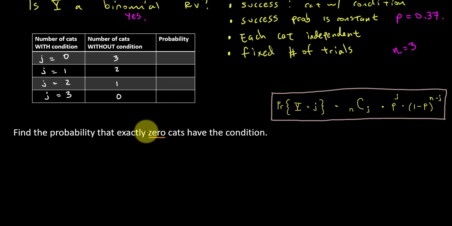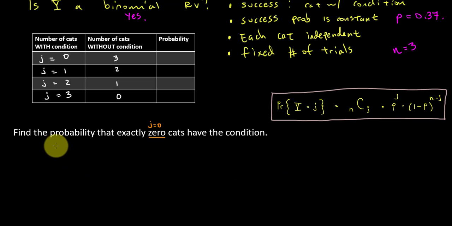So that is 0 successes, j equals 0. So we know what value we'll plug in for j all throughout here. Furthermore, the values for n and p are fixed, right? P is constant, n is fixed, so we now know all the values that we need to plug in for this question.